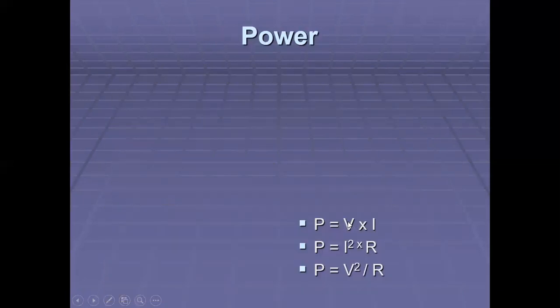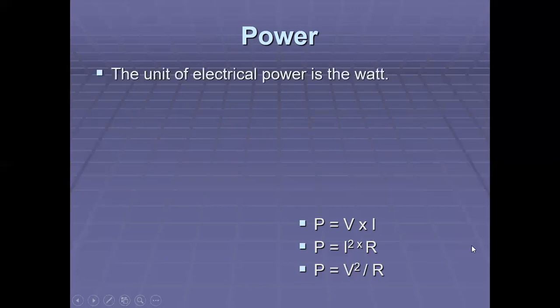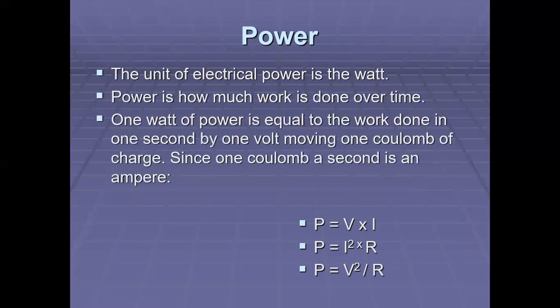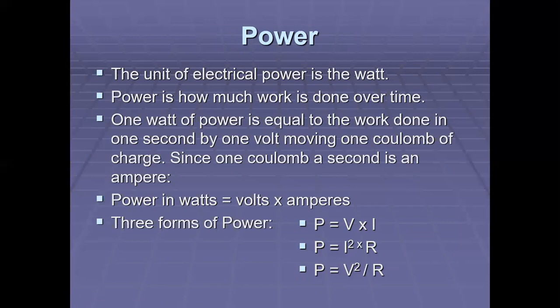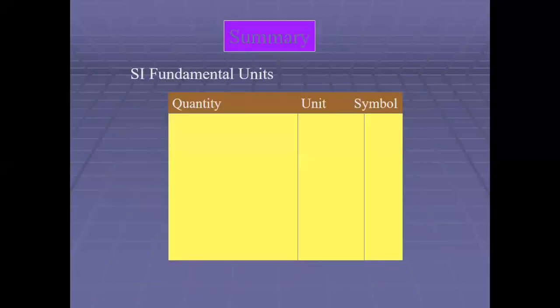If we replace V by IR, it becomes I square R, or if we replace I by V over R, then it will be V square by R. So that is how we can get the power. So power in watts equals volts into ampere. So 3 forms of power we just discussed.